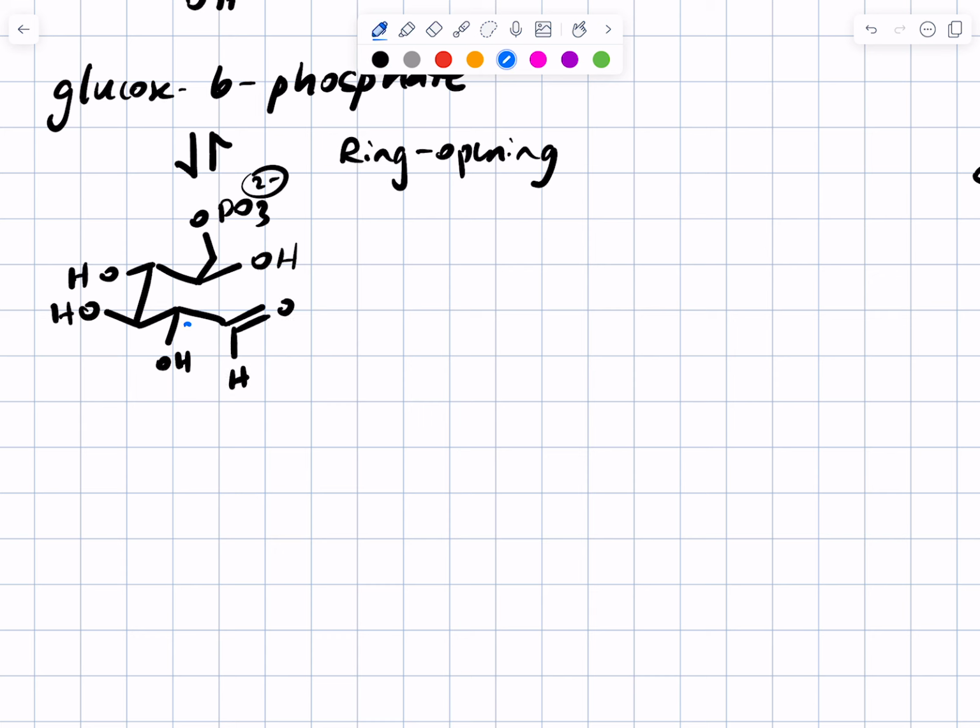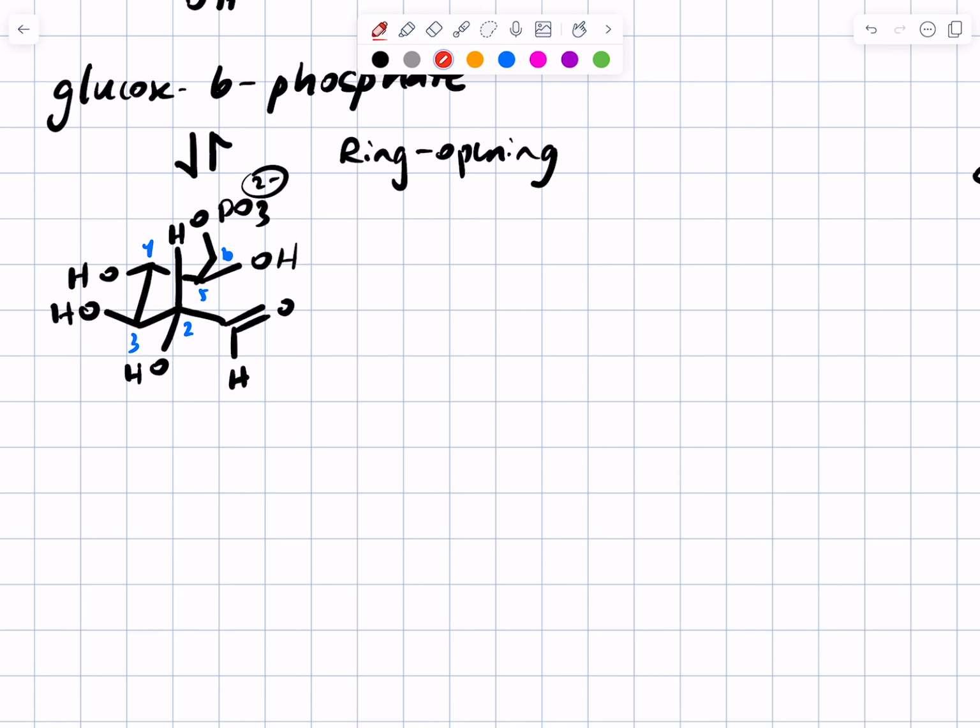So we're going to use a base from the enzyme active site to remove the C2 hydrogen. Notice that C2 hydrogen, sorry, struggling with the drawing, is alpha. It's on a carbon that's alpha to a carbonyl.